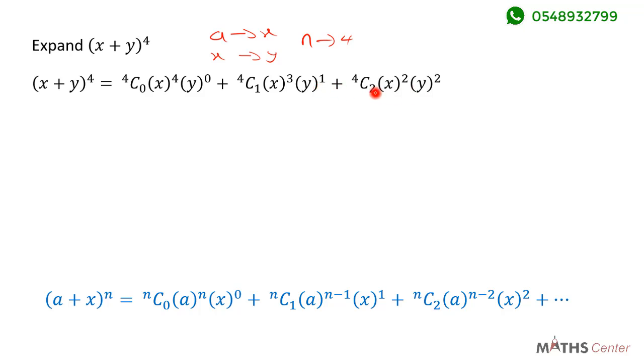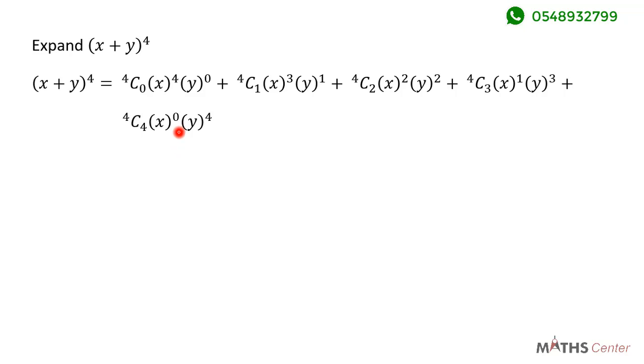For the third term, we are going to have 4 combination 2, x squared, y squared. For the fourth term, we are going to have 4 combination 3, x exponent 1, y exponent 3. And for the last term, we are going to have 4 combination 4, x exponent 0, y exponent 4.